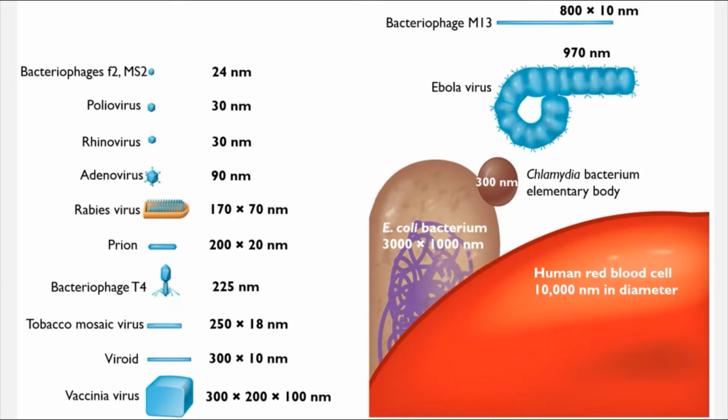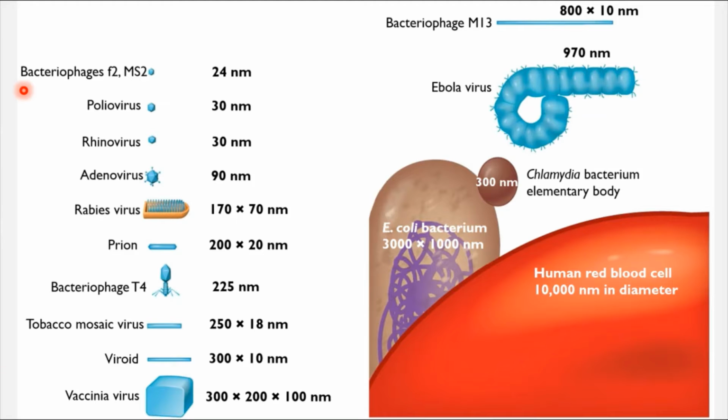Here is a size scale where you can see some common viruses and how they compare to other types of microorganisms. Here we have an E. coli bacterium, and here we have an elementary body of a chlamydia bacteria, which is one of the smallest types of bacteria in existence. And we can also see this huge human red blood cell here to compare as well.